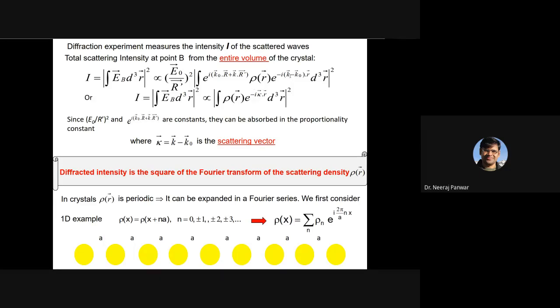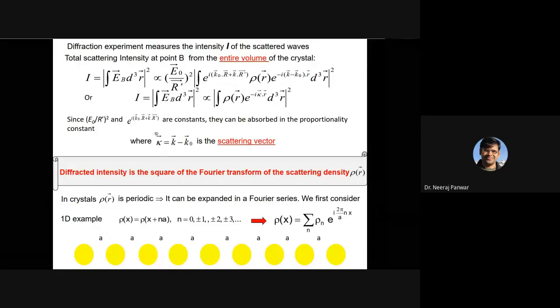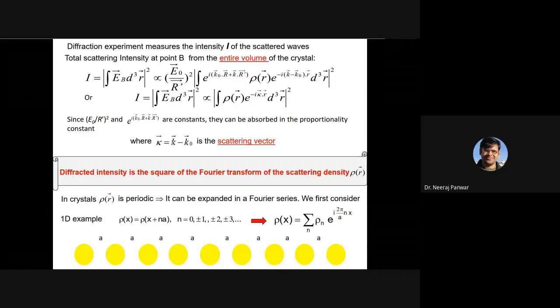Here you see the difference in the wave vector of the incident X-ray and the scattered X-ray, that is k minus k naught. We denote it by another vector, kappa. So kappa represents the difference between the wave vector of the incident X-ray and the scattered X-ray, and this is known as the scattering vector.